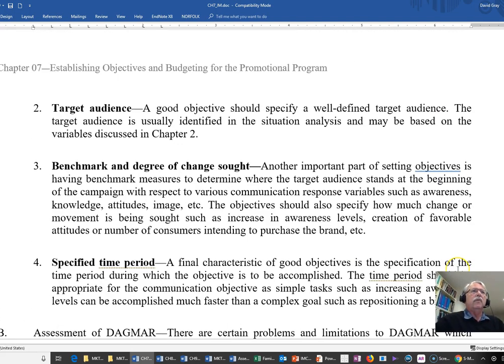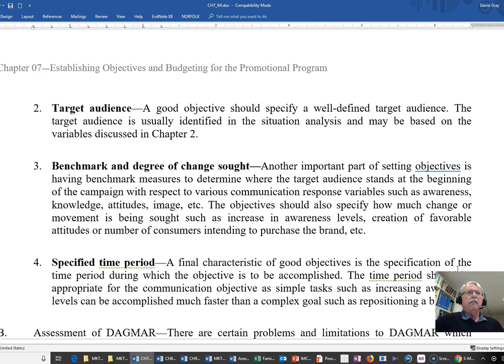Next we're looking at defining the target audience. I'm hoping that you started to have a good look at this in the development of the situation analysis. You need to ask the question, who are the people or the organisations that I want to get my message through to?